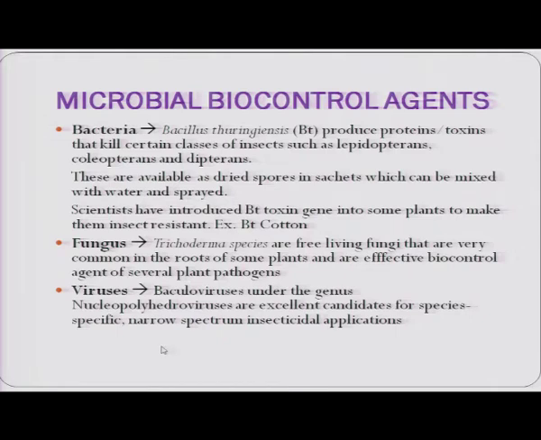So, they are very species specific and they have a narrow spectrum, they will not harm any other organism apart from that which is its natural host. So, by using these technique we can follow the integrated pest management program in our fields. We can encourage the farmers to use this method so that the natural capacity of soil to replenish itself remains intact.